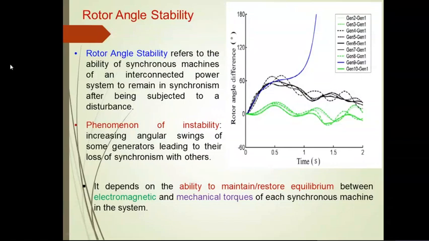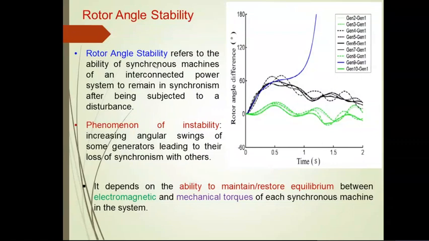So it is the ability of the generators in the interconnected system. You have one generator here, another generator here, another generator here, and all these generators are interconnected through lines. You have several generators in the interconnected network, and you are able to make them maintain synchronous operation following the disturbance.